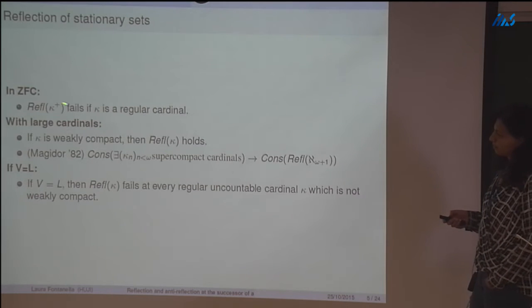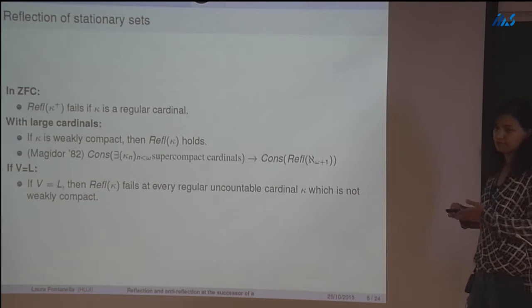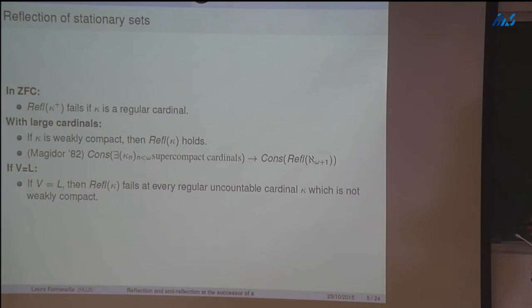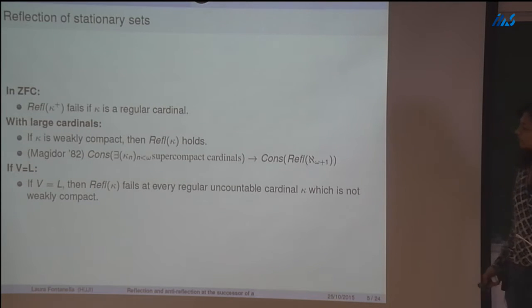Again, you have an example of how large cardinals and V equals L give you conflicting information about reflection of stationary sets. And in fact, if kappa is a weakly compact cardinal, for instance, then kappa does satisfy the reflection of stationary sets. But also small cardinals can have the reflection of stationary sets.